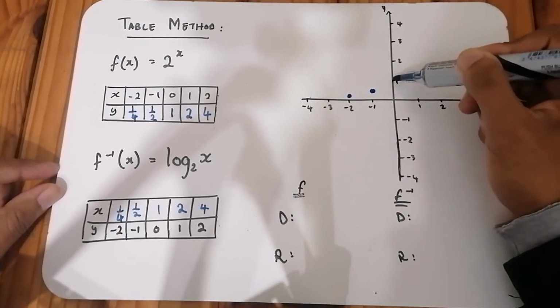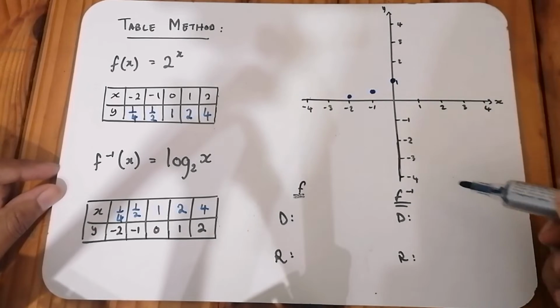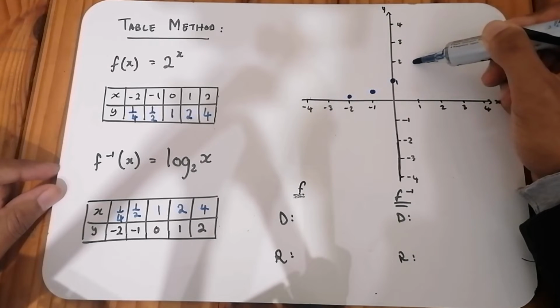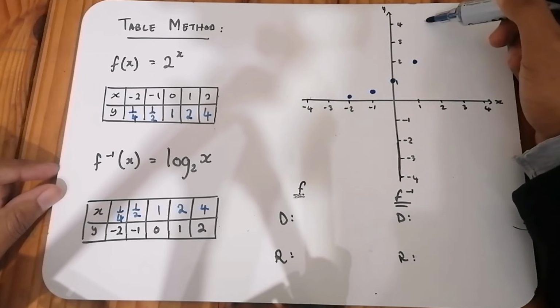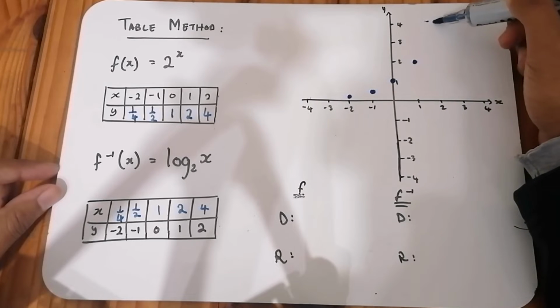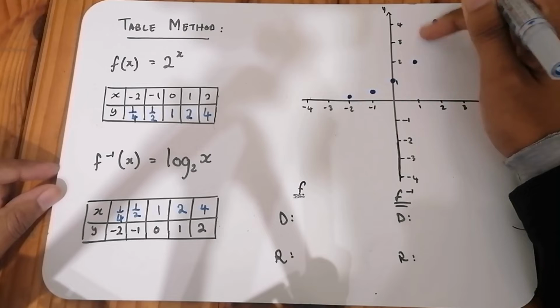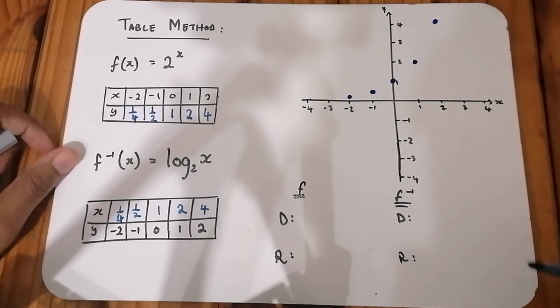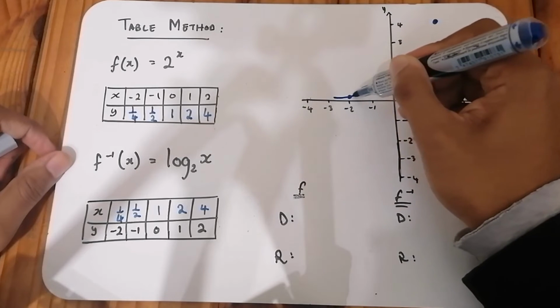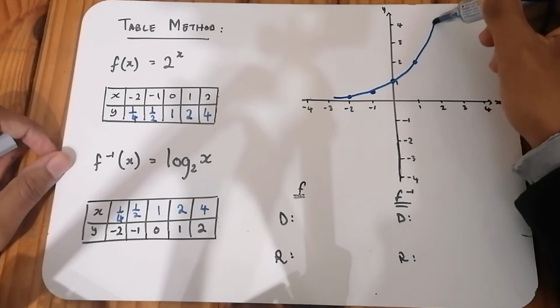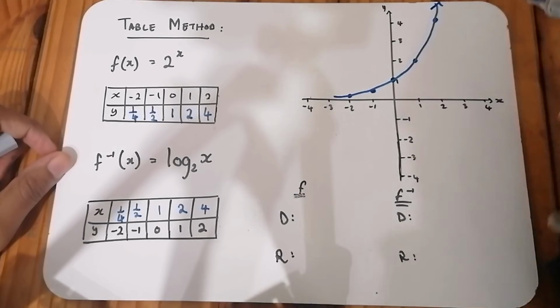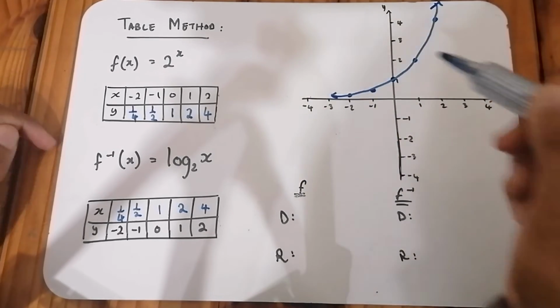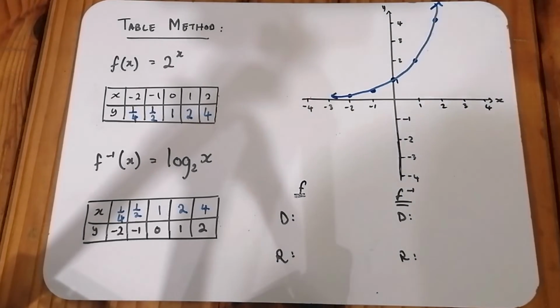Then 0 and 1, that's the next coordinate. 1 and 2, and 2 and 4, so up there. And let me first draw a nice curve going through all the points, there we go. That's a nice curve.